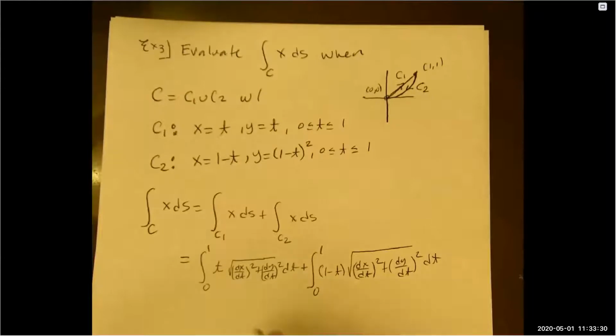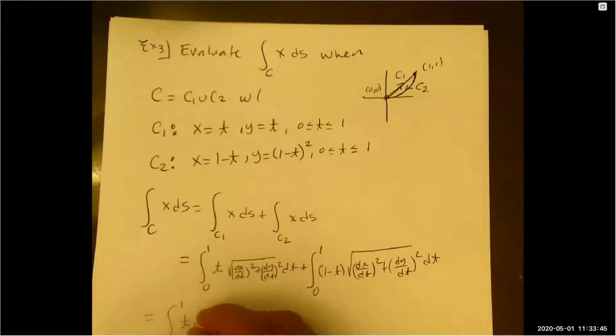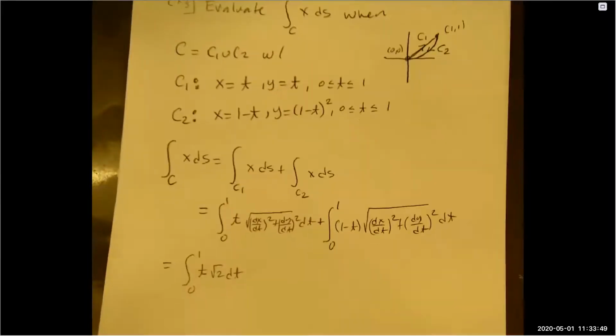All right, so in this case, for the first one, 1 squared plus 1 squared is root 2. So we're going to have 0 to 1 of t times root 2 dt. And we can definitely pull this root 2 out.